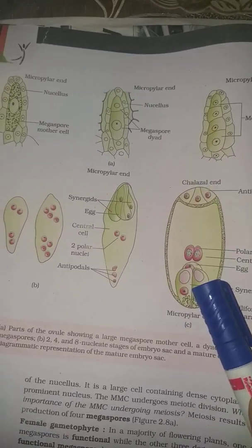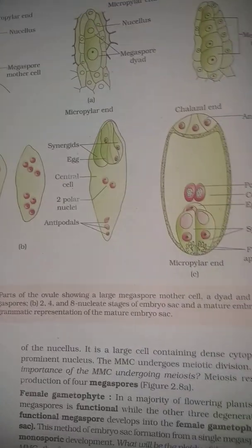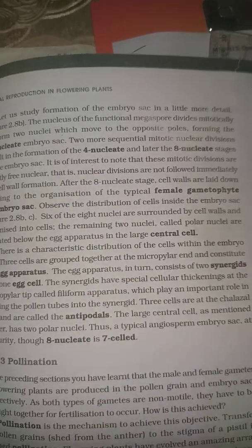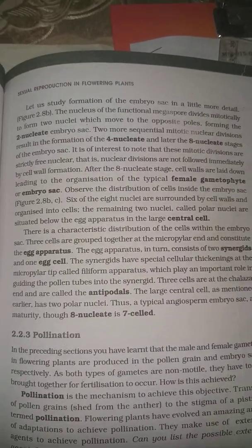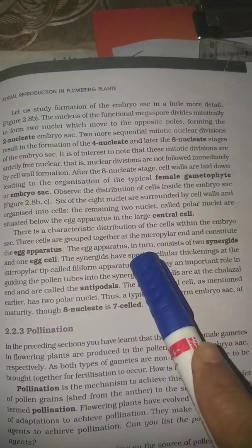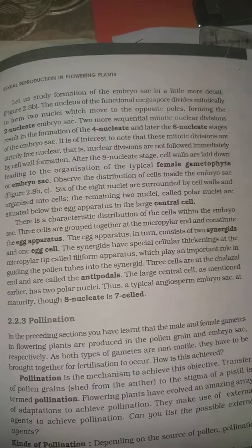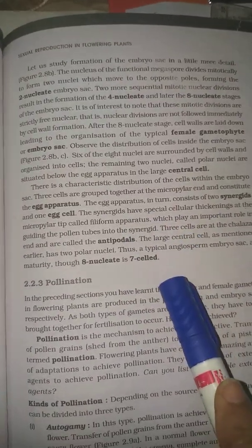These parts we will deal with when we deal with the fertilization part. Here you see the 4-nucleus, then the 8-nucleus stage. Then this is the female gametophyte, the embryo sac, with the central cell and egg apparatus, 2 synergid cells, egg cell, antipodals.